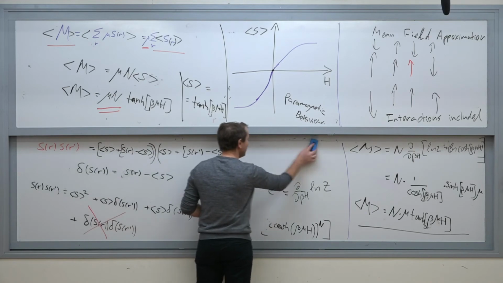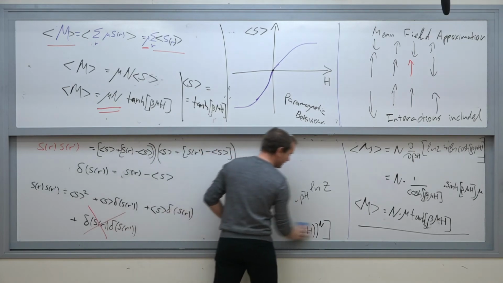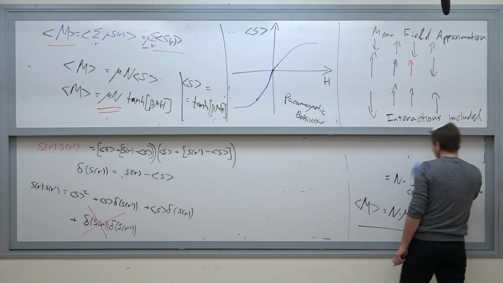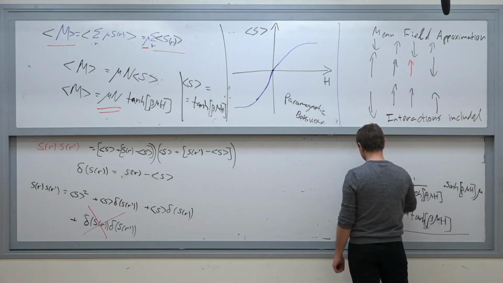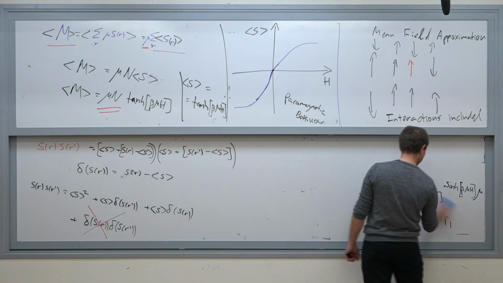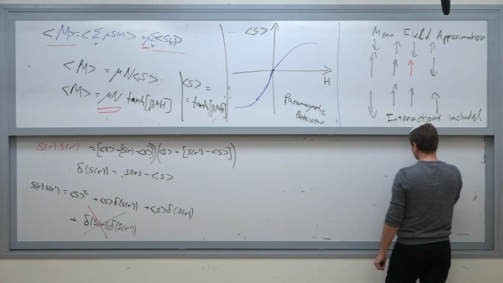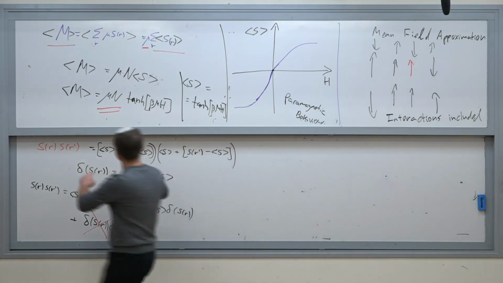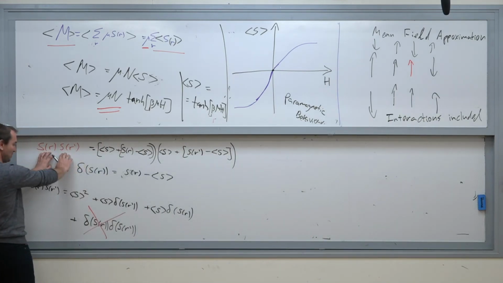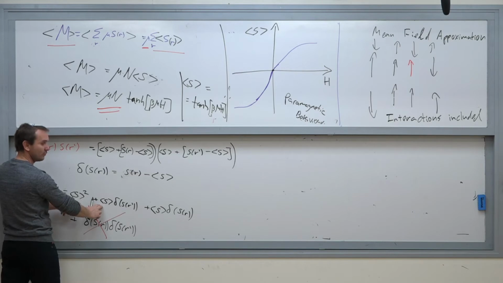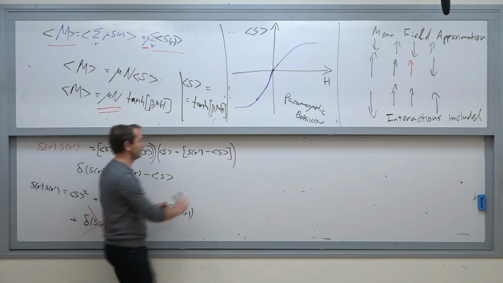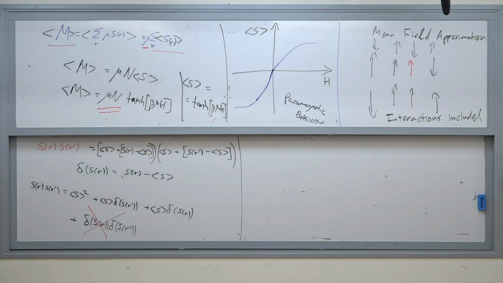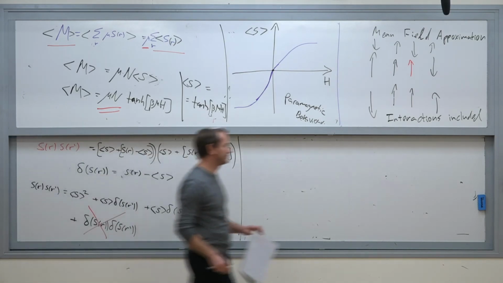By doing so, we can actually calculate our interaction term. Because we're saying, instead of using this form, we're going to use this form for the interaction part. Okay, so let's see how it works.